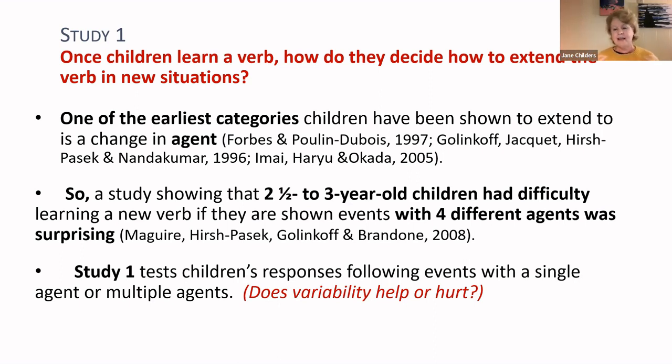I started to think, I wonder why multiple agents were giving them trouble in that study. So I'm going to start with that first study and ask, does variability, seeing those 3 or 4 agents, actually hurt verb learning? Does it help verb learning? Let's look at this further.